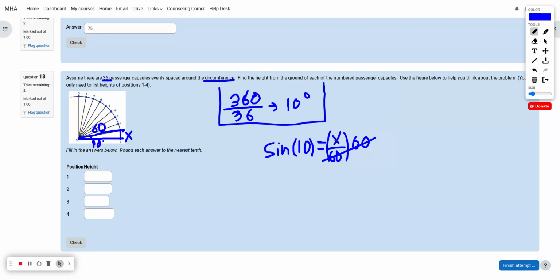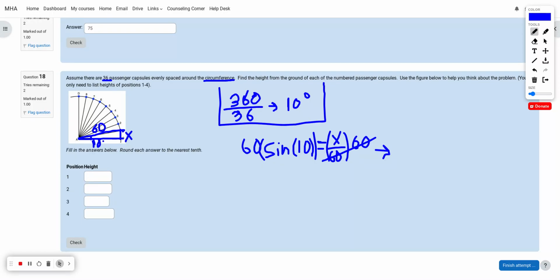Notice I didn't cross out the x, just the 60s. We need the x still. And then this side also multiplies by 60. So then, essentially, we get 60 sine of 10 equals x.